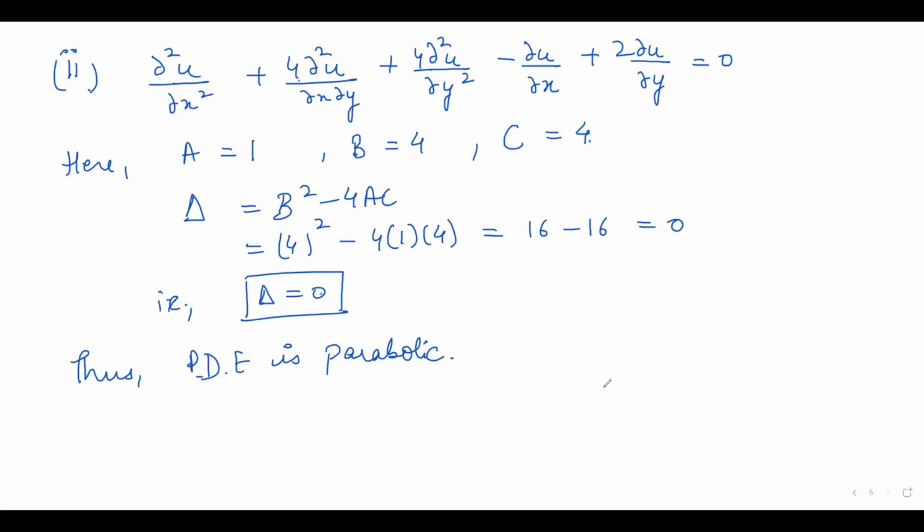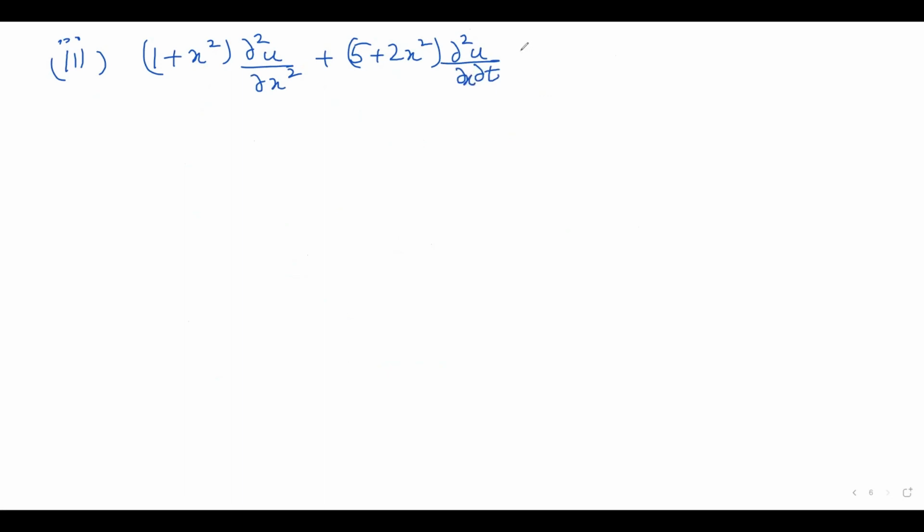So very simple and easy. Let me take another question in the same fashion. The pattern is same. We are checking what is A, B, C, and then we'll be finding out delta. This is the next.